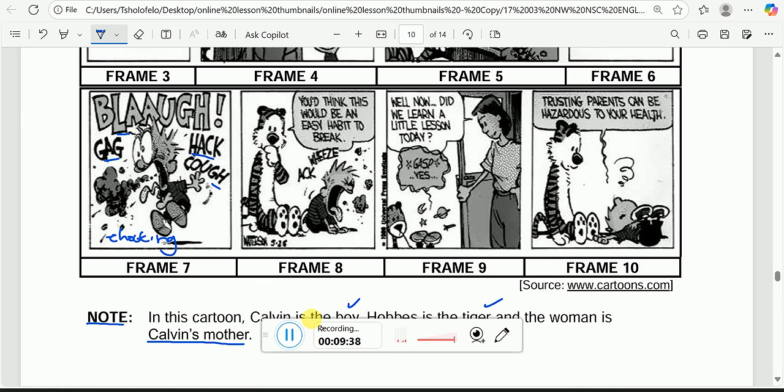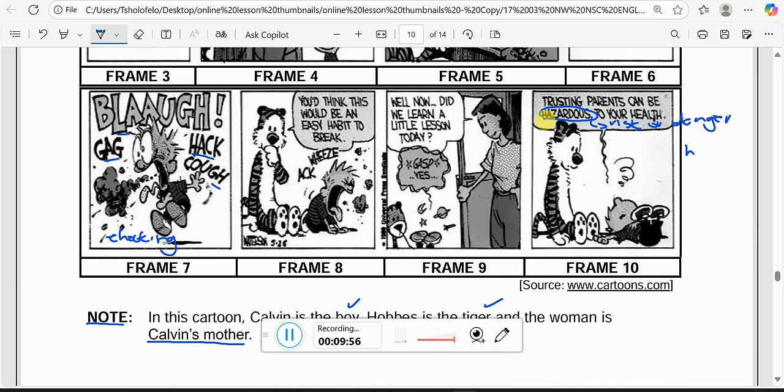And that is an interesting choice of words here, because when you look into the definition of the word hazardous, it's something that poses as a risk or danger to someone or something. Now, in essence, good people, this is just a humorous cartoon, because the mother, she wanted to teach Calvin a lesson by allowing him to grab his grandfather's cigarette to smoke, knowing very well that smoking is not an easy habit.